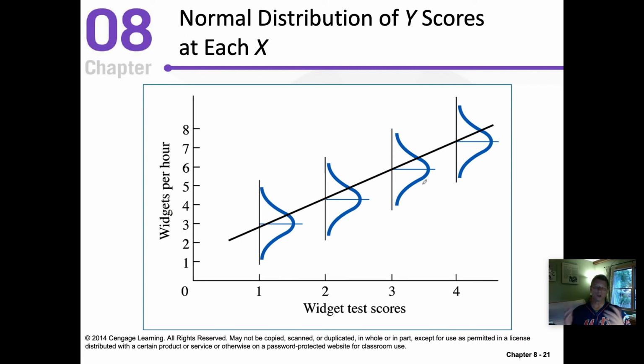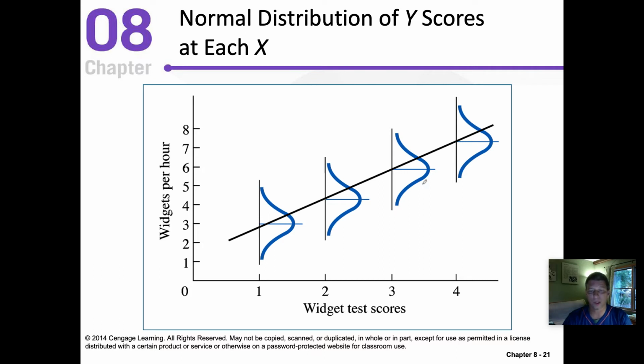This is a much prettier diagram than the one I was trying to draw in the previous slide. Here we've got widget test scores of 1, 2, 3, and 4 respectively, and then the widget making scores in widgets per hour. You can see that for widget test score 1, the average widgets per hour is 3, but there's a few that are much smaller and a few that are much larger.